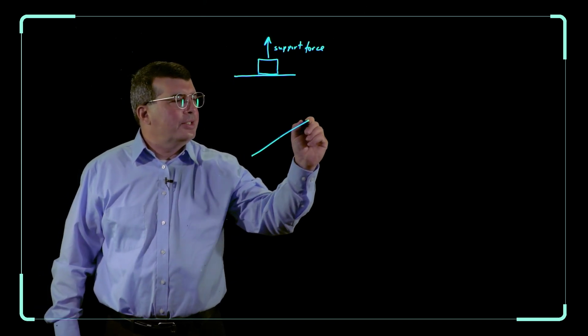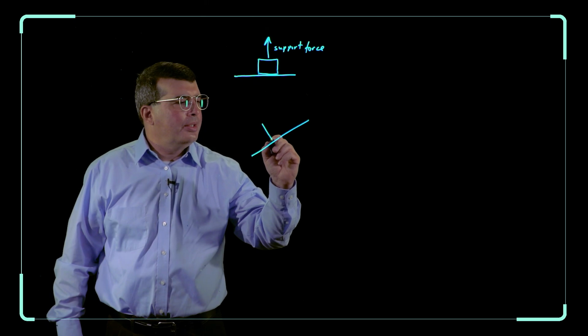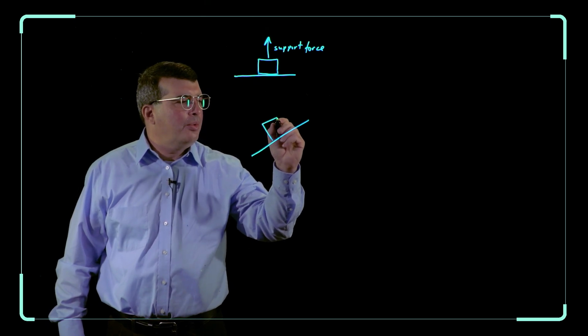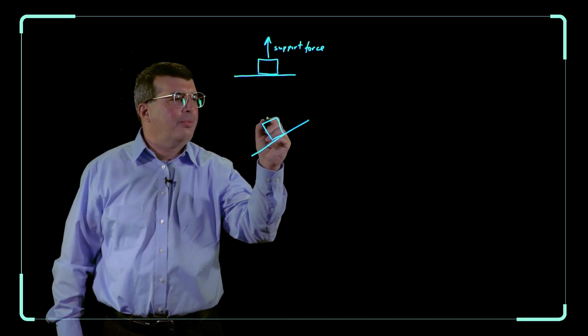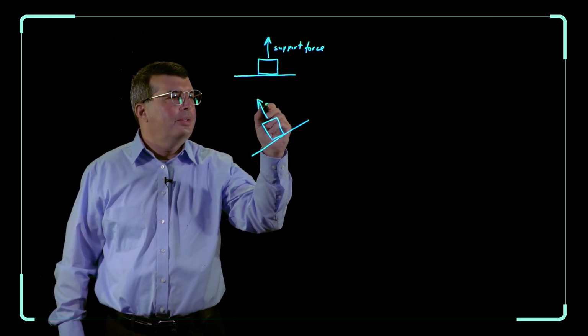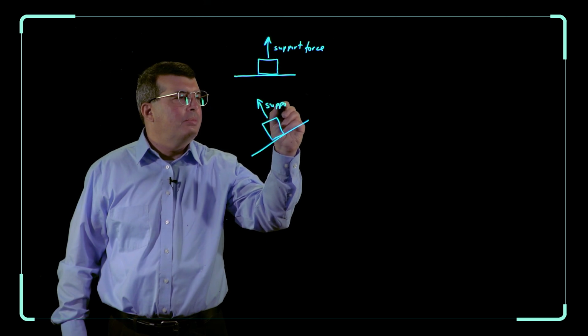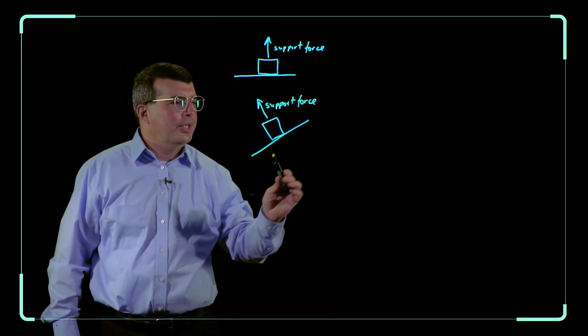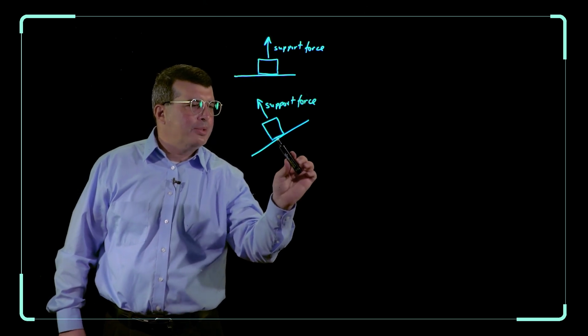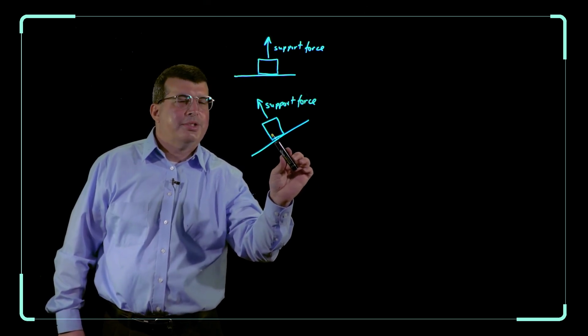But if the object is on a ramp, then the support force will be perpendicular to the ramp. Okay, so the ramp is pushing in this direction.